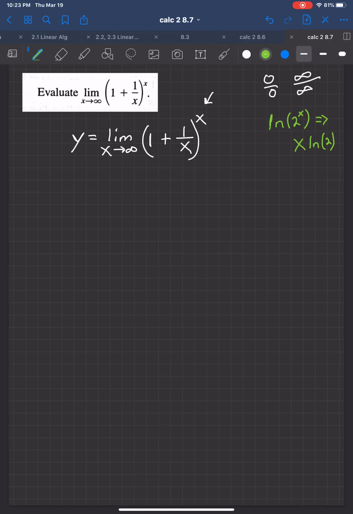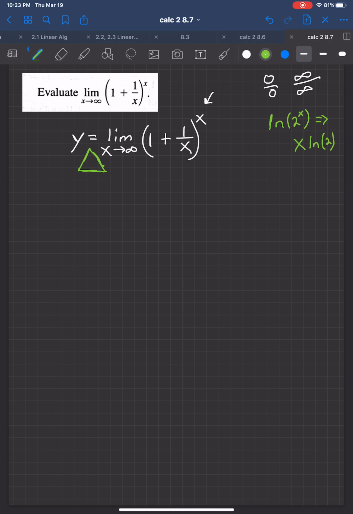But just know that you're not allowed just to take the natural log of the right side of the equation unless you're willing to compensate for that. This equal symbol is balancing both sides of this seesaw, if you will.